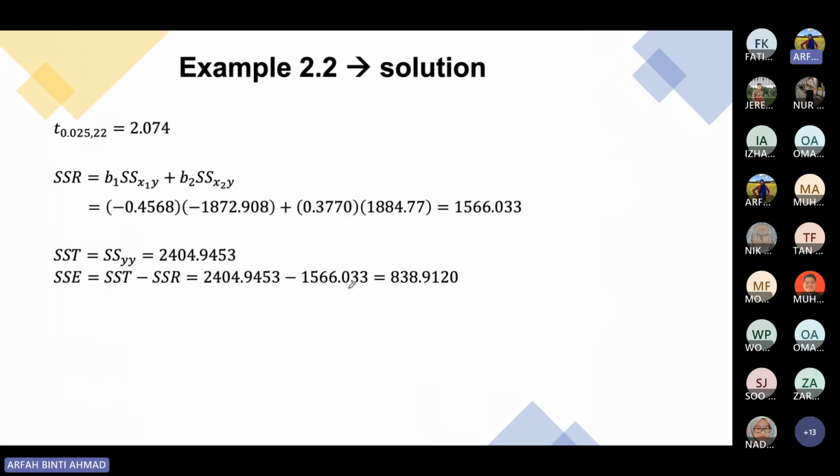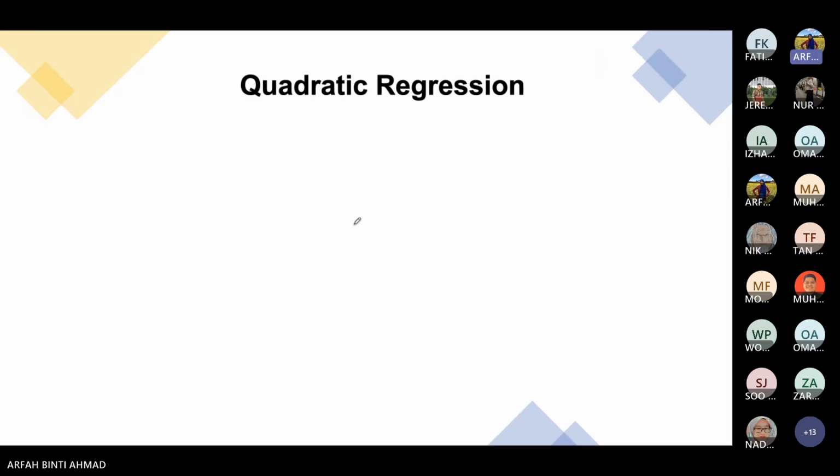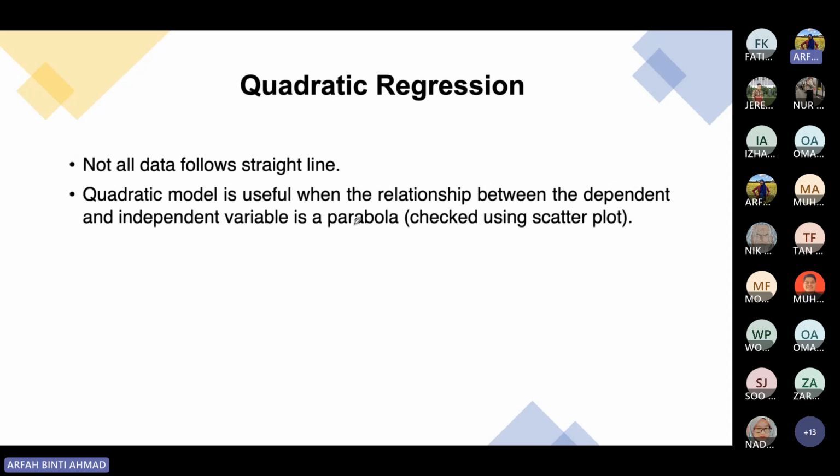So the next one is the quadratic model. Okay, the quadratic model will be used if you plot and not all data follow a straight line. Quadratic model is useful when the relationship between the dependent and independent variable is a parabola. Okay, we check using the scatter plot and then you get something like this.